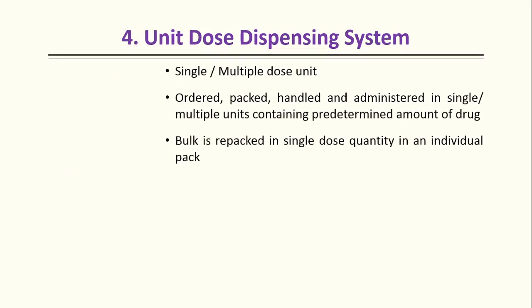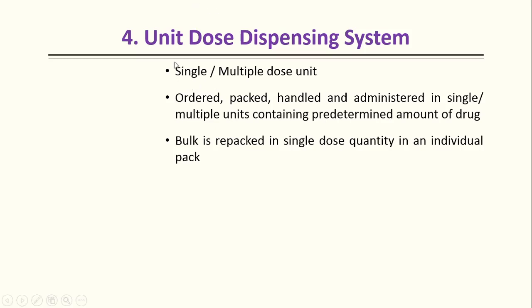Let's move to the next method, that is the unit dose dispensing system. It is nothing but the conversion of bulk drug into single or multiple units, and after that processing, drug distribution takes place to the patient.